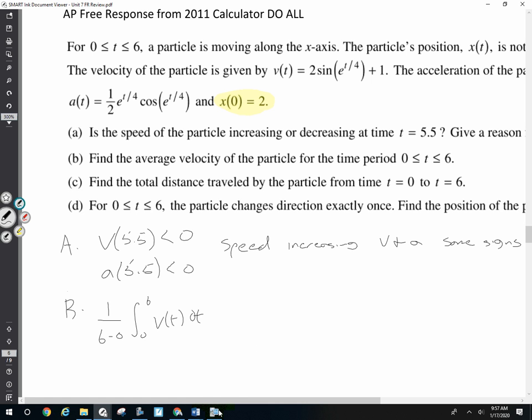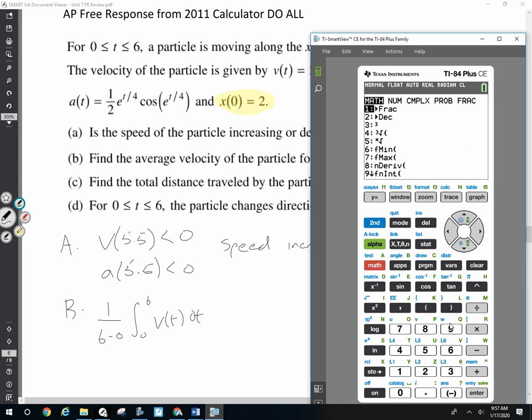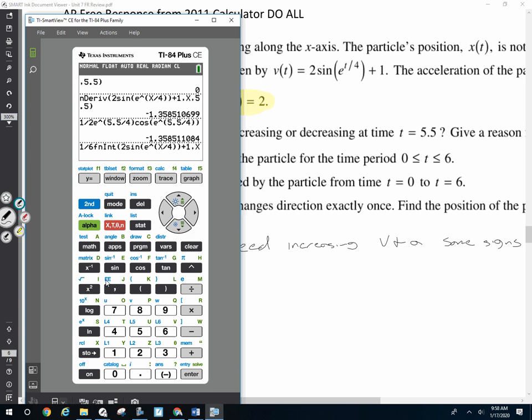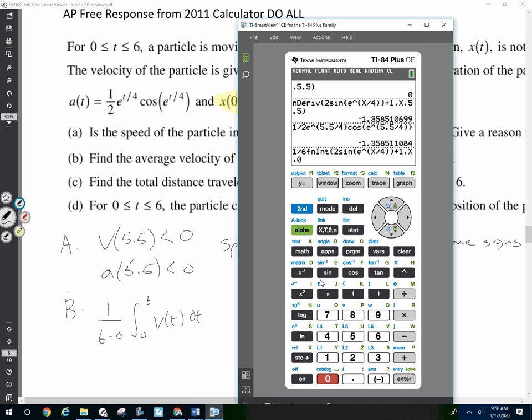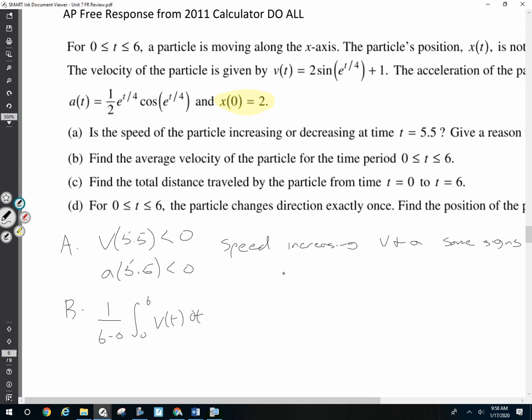Don't know the antiderivative of this, so I go 1/6, math 9, integral of 2 sine e to the t over 4, close the sine, plus 1, with respect to x from, what are we doing, 0 to 6? 0 to 6. Close. 1.949. Beautiful.